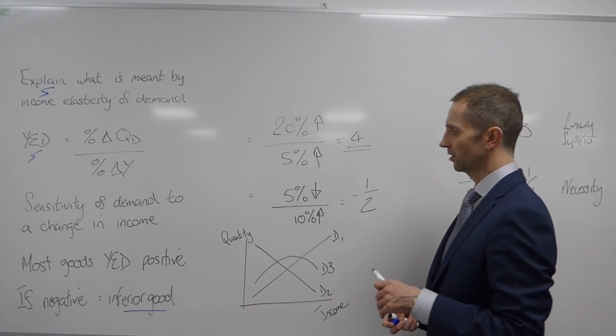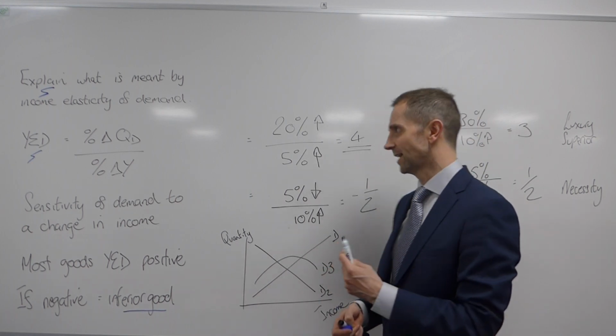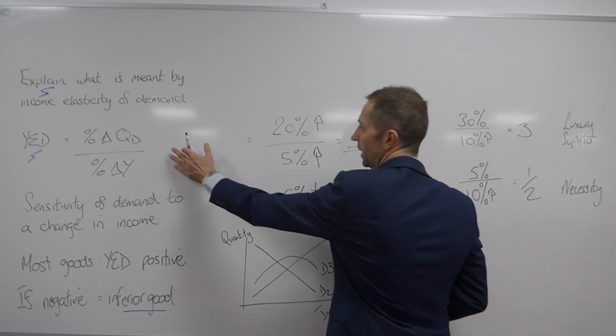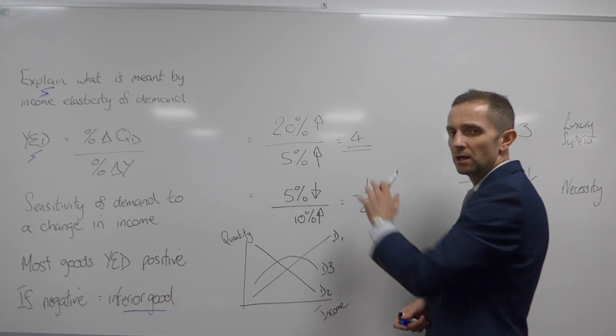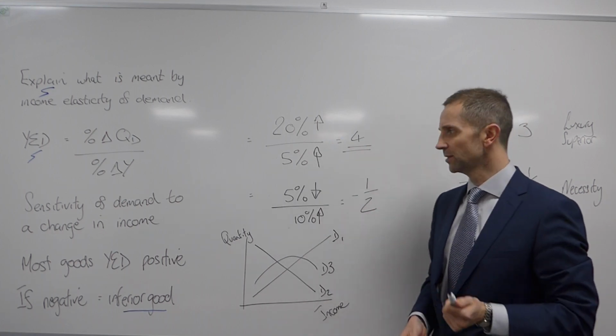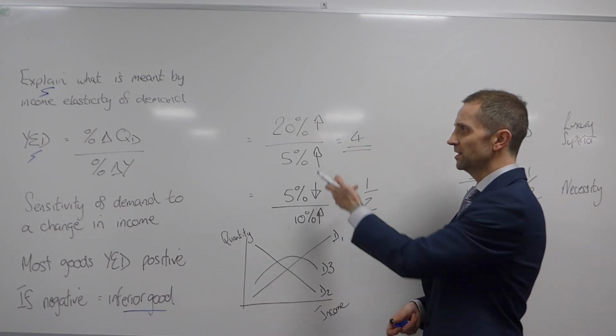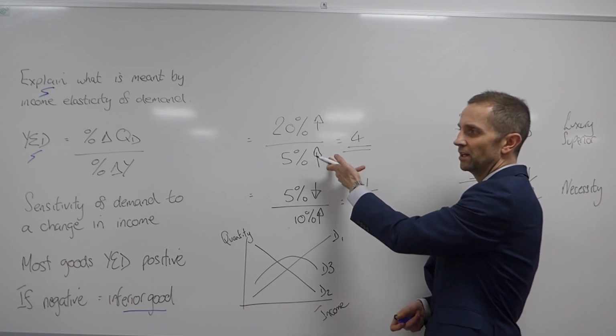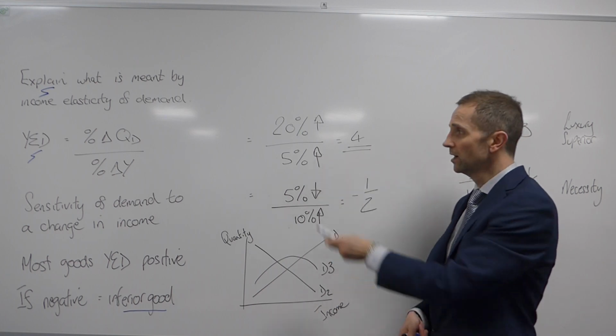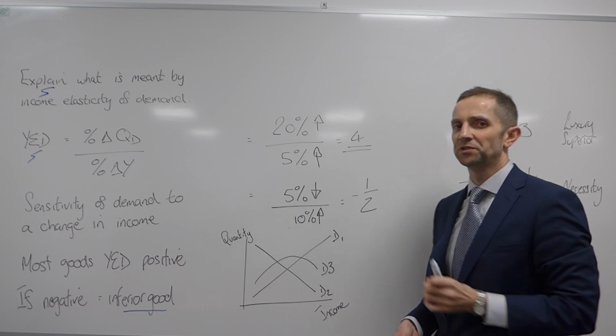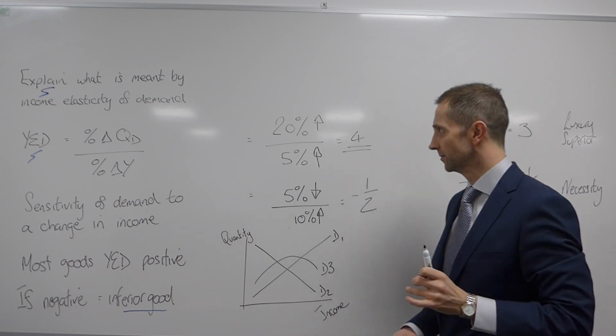Let's consider a couple of examples, taking this equation and working it through to get the outcome and say a little bit about the outcomes. In this example, we have a 5% increase in income yielding a 20% increase in quantity demanded.